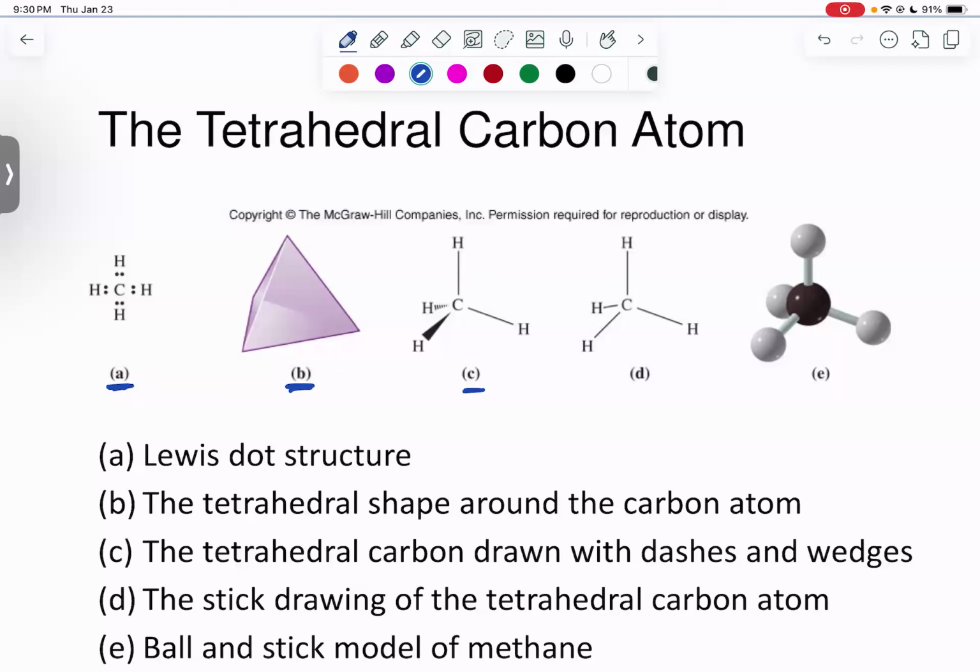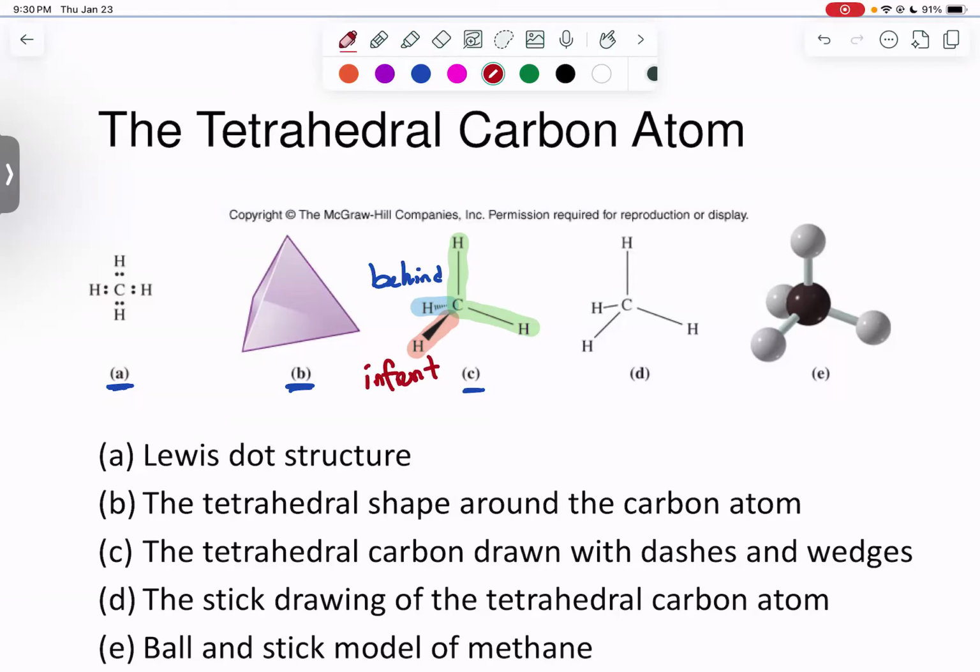So we say that these atoms are in the plane of the paper, and then this hydrogen is going behind. That's the dash. And then the wedge, this one right here, is going in front.